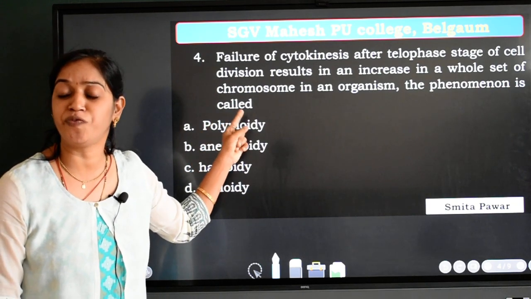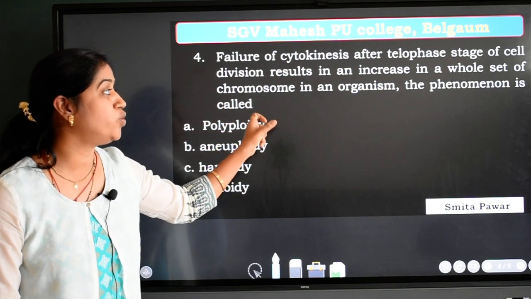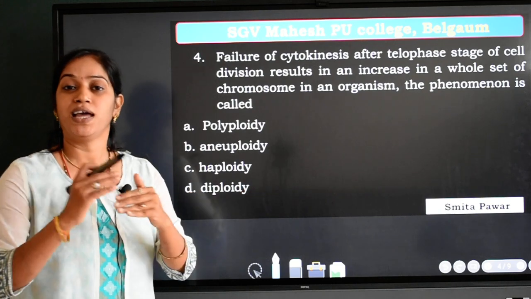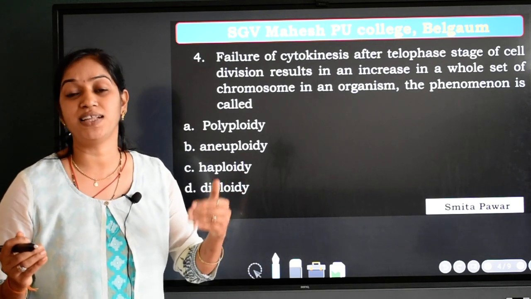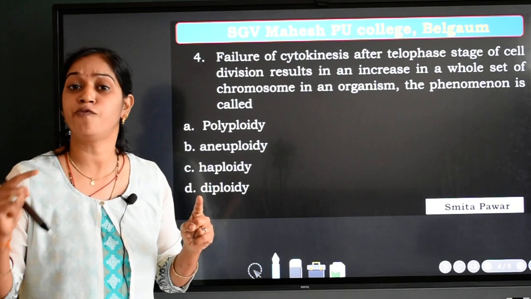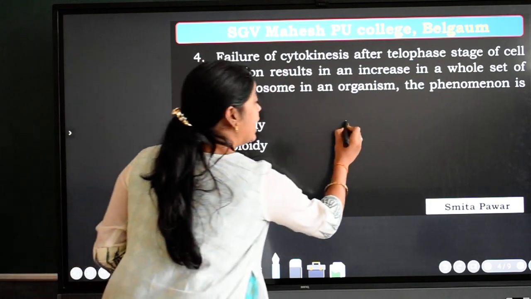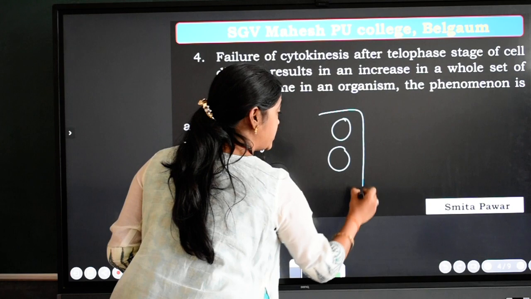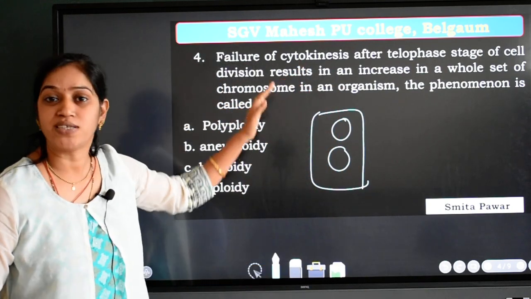Looking at the question, you will feel that the question is from cell division. But what they want to ask here is, in the cell cycle, there are 2 events. One is called karyokinesis and then cytokinesis. First, nucleus division takes place, followed by cell division. What they are saying here is karyokinesis has taken place, but it has failed to undergo cytokinesis.